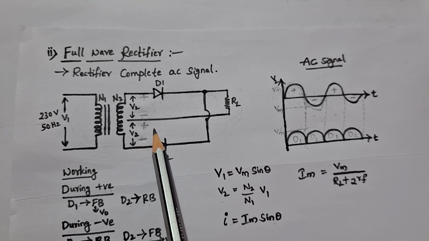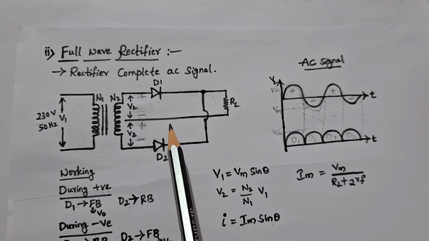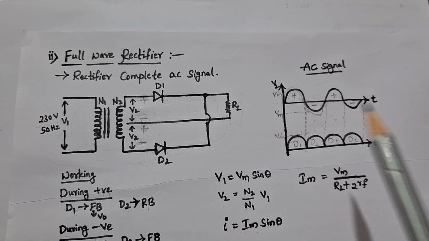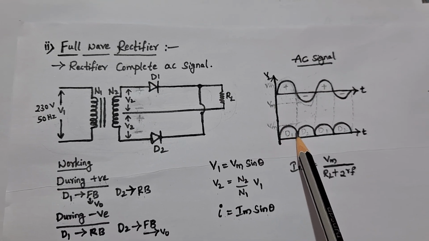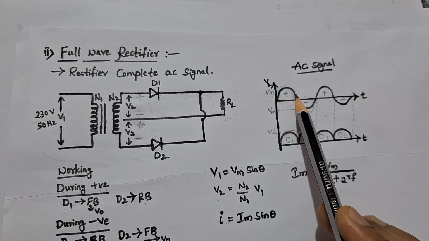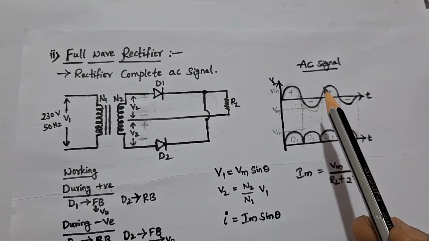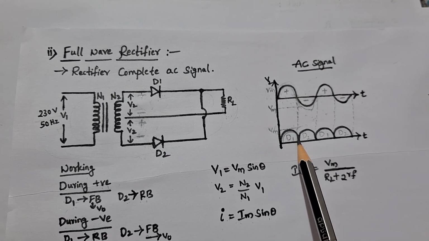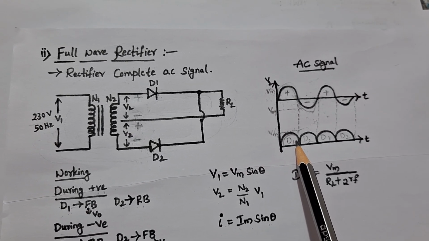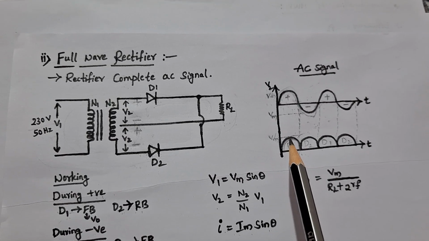Now we can write D1 is forward biased in the positive half of the input cycle. See here in the graph, this is the forward bias condition for D1.